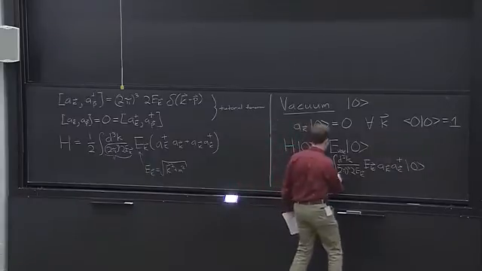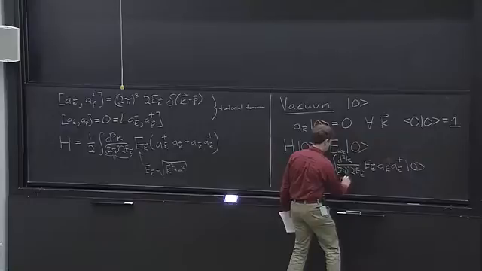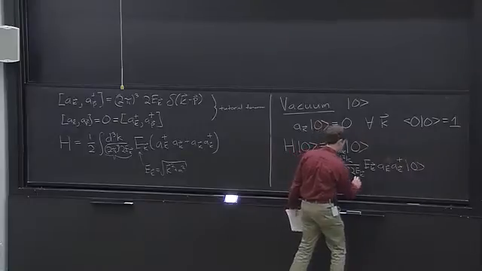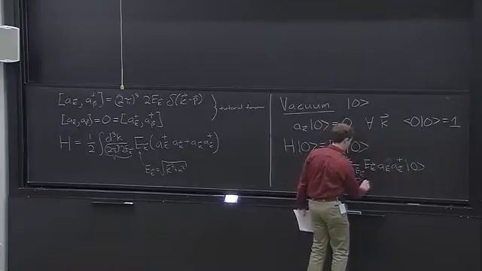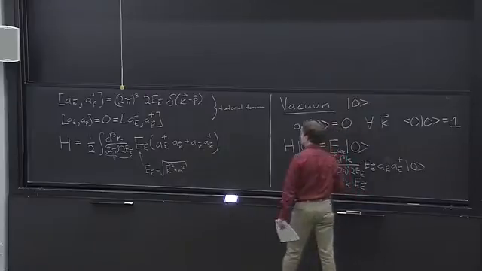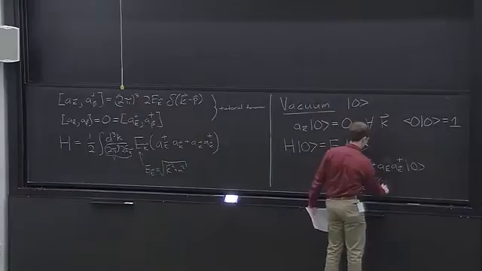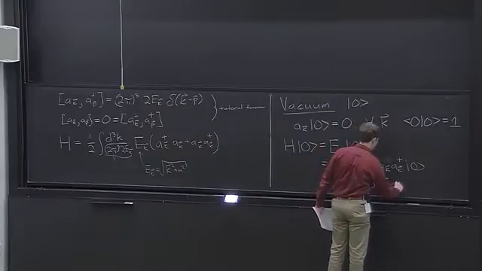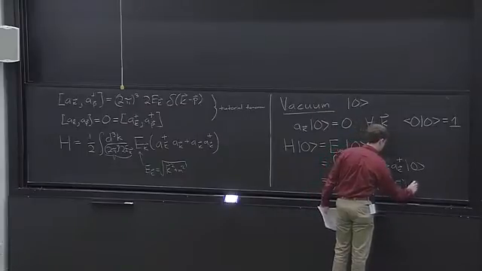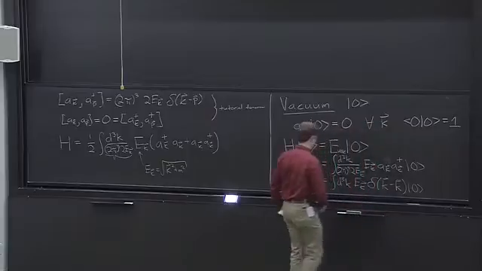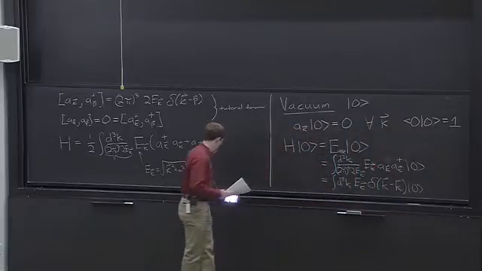So we're left with the integral d^3k, E_k, times this delta function, delta of k minus k.